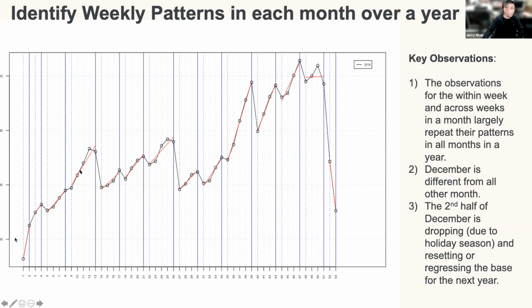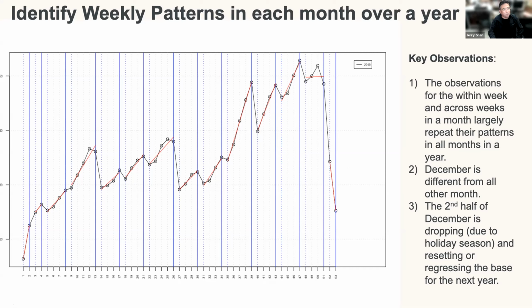A month has sometimes 4, sometimes 5 weeks. You can see the pattern from the beginning of the month to the end of the month, always going up, up, up, except for December. In December, the last 2 weeks dropped significantly. Toward the end of the year, the data would reset or regress itself to a baseline. Of course, that baseline is a long-term yearly trend. But in a year, you can see these solid patterns.